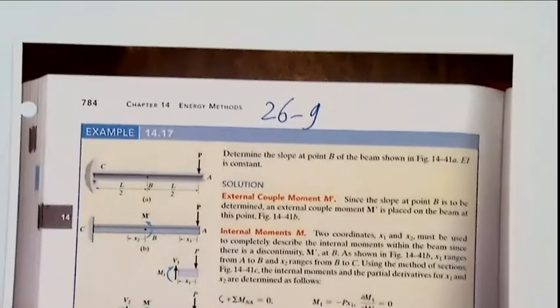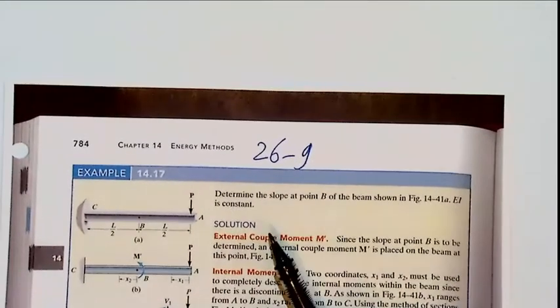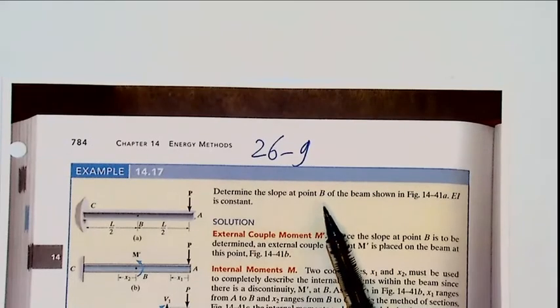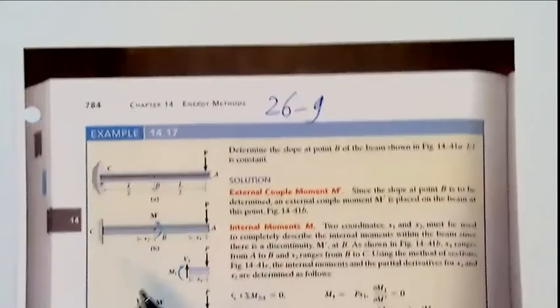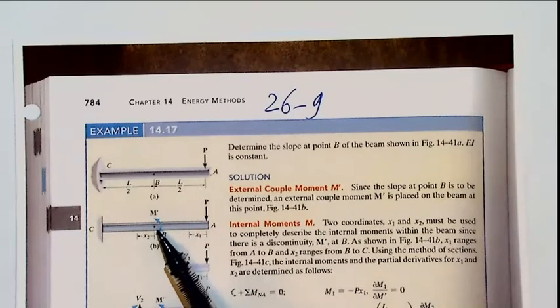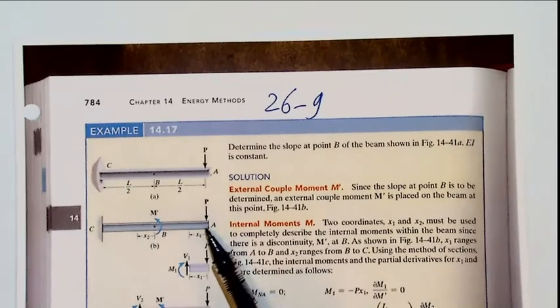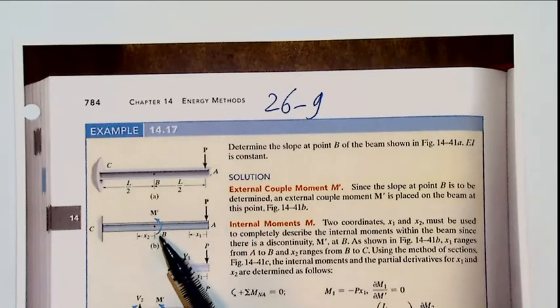Another example. Determine the slope at point B. That is B, anywhere, of this beam. Then I'm putting external moment here. So I'm complicating. That is now our M prime.